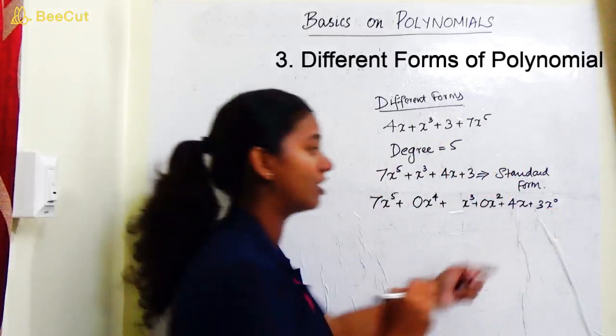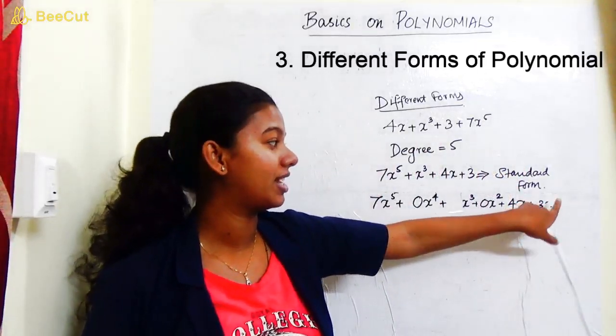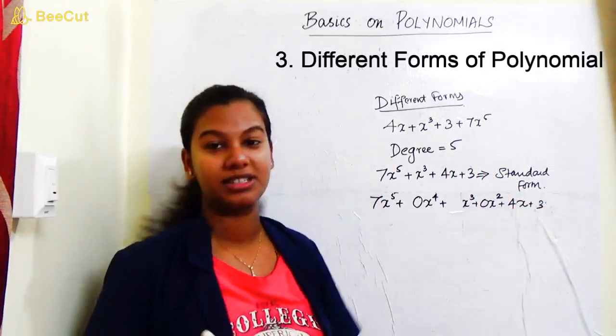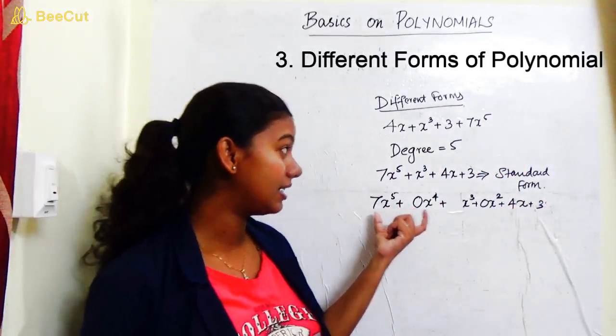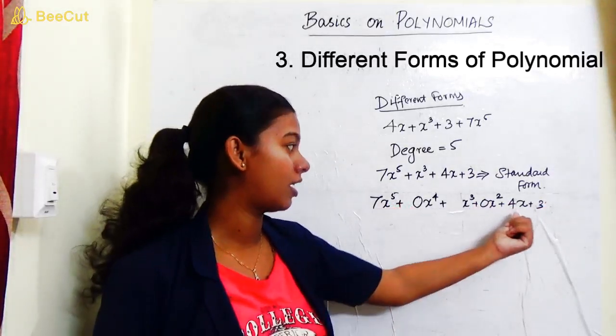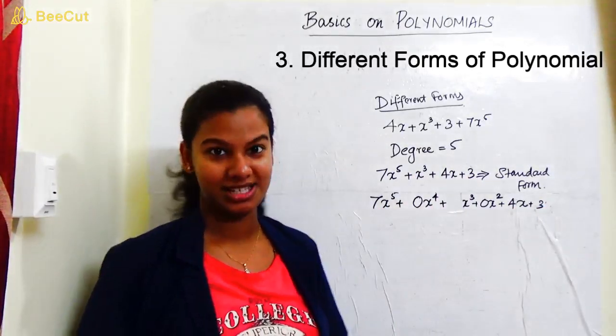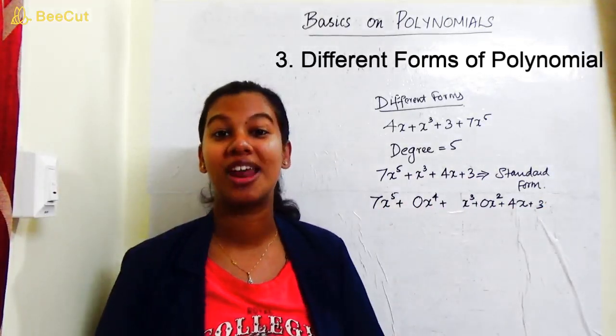Plus the constant is 3 into x raised to 0, so we can put it just as 3. This is known as index form. It will have all the powers of x, and if a power is missing, the coefficient will be just 0. So this type of form is known as index form.